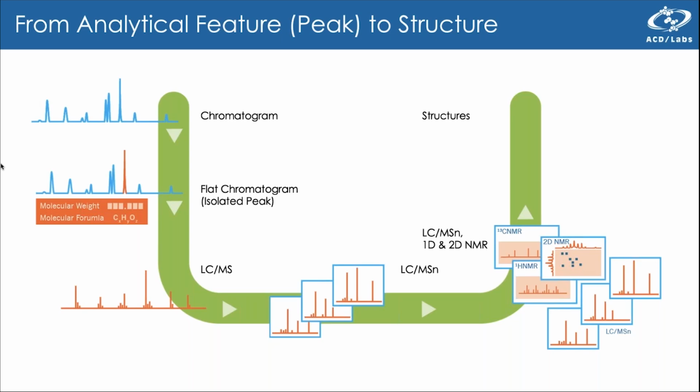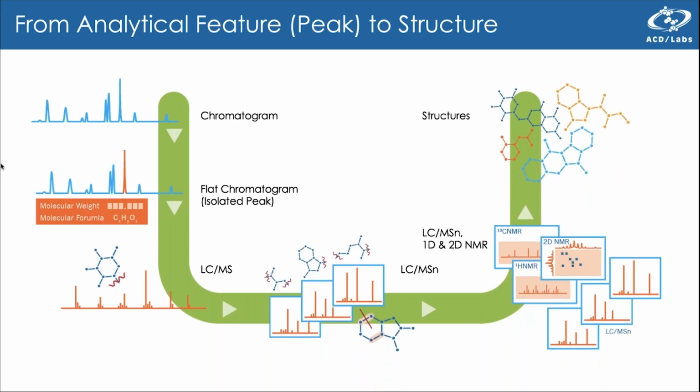Upon detection and integration of individual peaks in those chromatograms, you may also obtain mass spec data to get initial confirmation of, let's say, molecular weight and molecular formula, and based on fragmentation pattern, some sort of partial structure information. Over time, as you collect more spectroscopic information, that may reveal structures, and then I'm sure confirmation of those structures through independent synthesis, reference material acquisition, and spectral comparison are all part of that cycle.